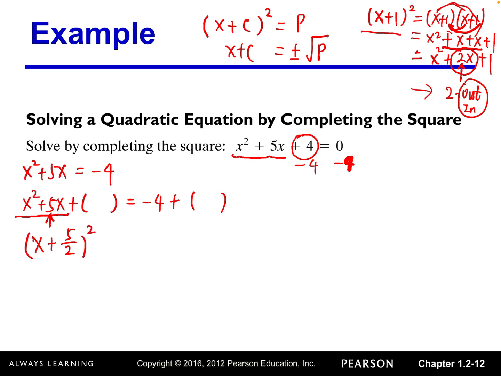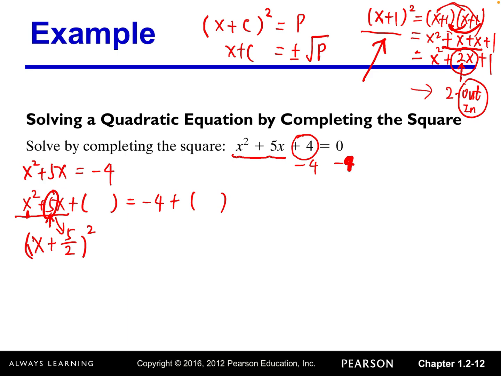So actually, the perfect square is x, that's the first term, plus the x first power coefficient 5 divided by 2, and that makes it a perfect square. Okay? Are you guys still with me? So from here to here, that's coming from how the perfect square trinomial structure works.